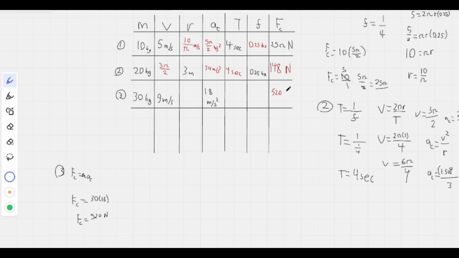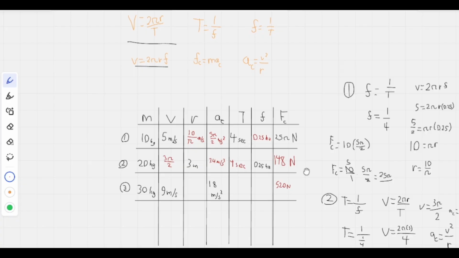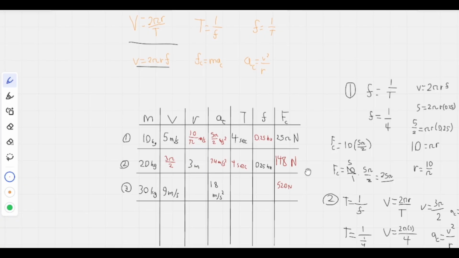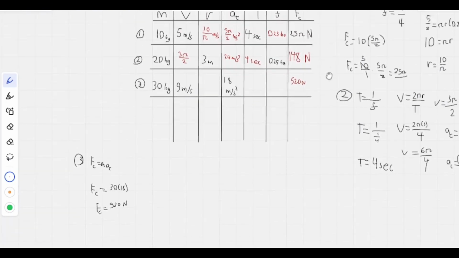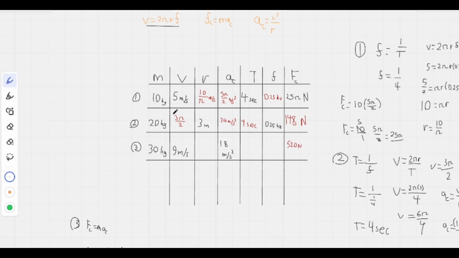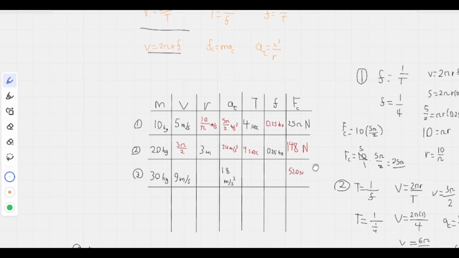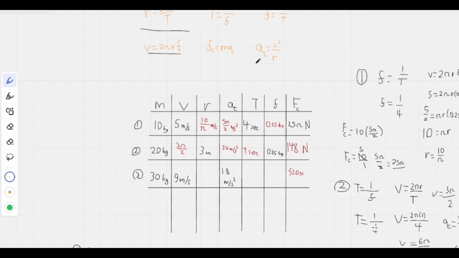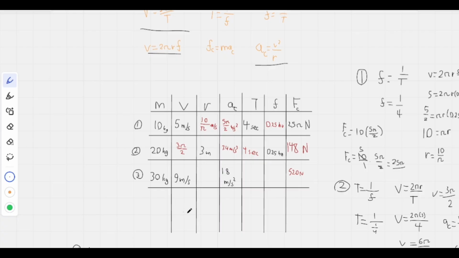Now that we found our force, we can now figure out our radius. Now we have given to us our velocity and our acceleration, and we can use that to find radius using this equation right here.